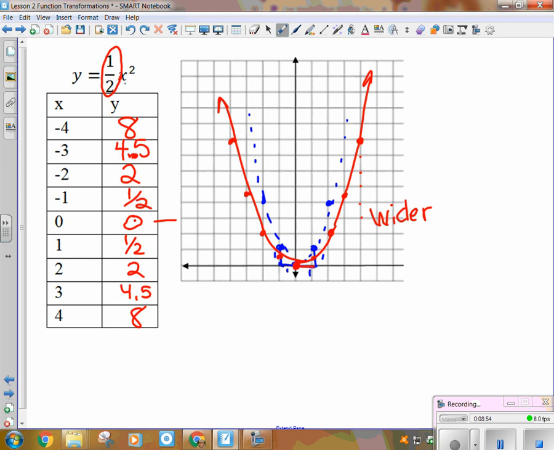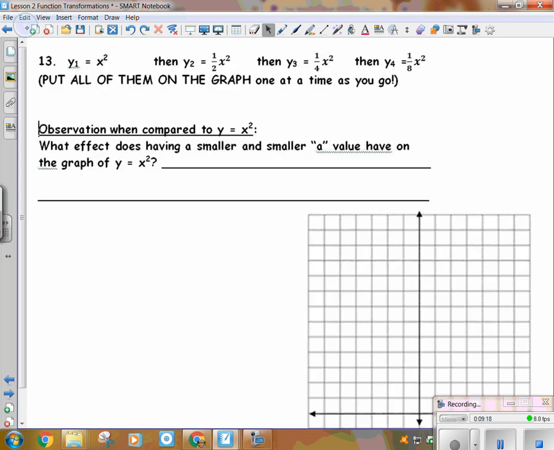As soon as this became 1/2, I come over 1, but I go up halfway. So that 1/2 tells you on the vertical how high it's going to go to start with. This graph looks like an elephant sat down on it and pushed it outward. So this is what we call a much wider graph. It's not skinny at all because it goes outward farther than the original x squared graph.